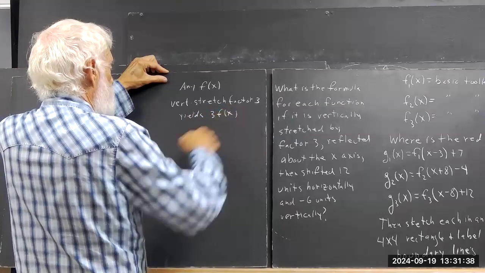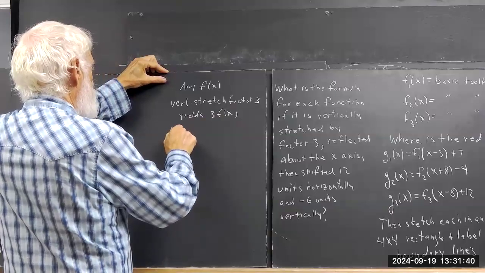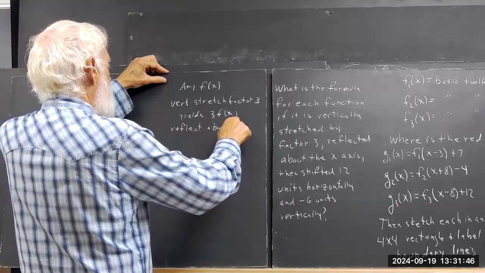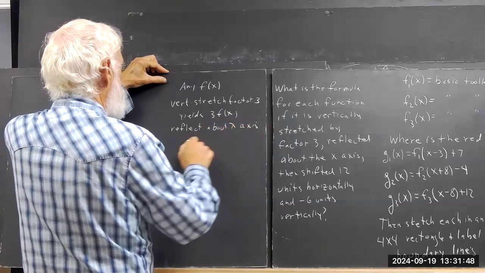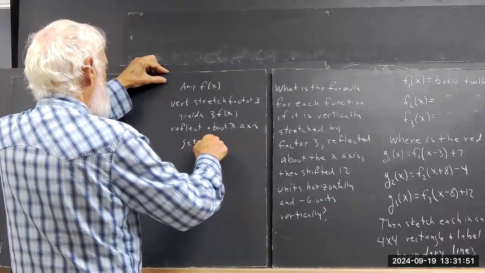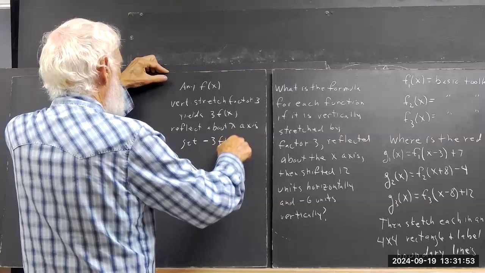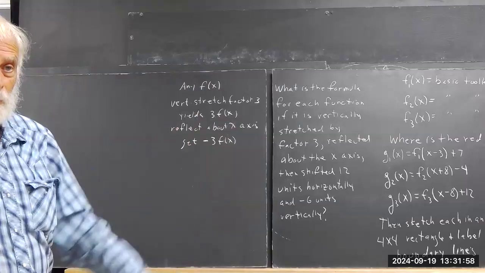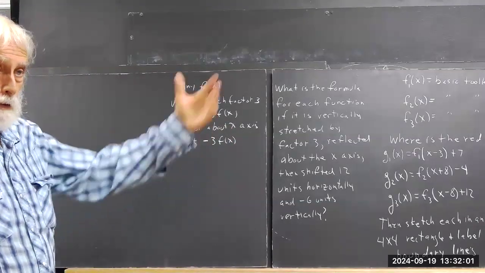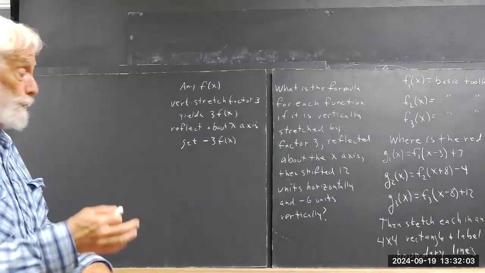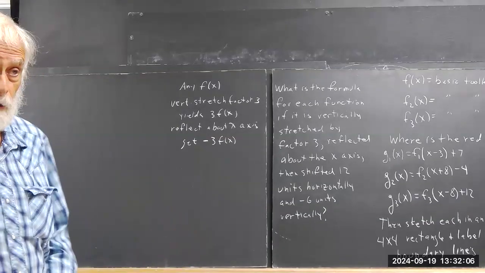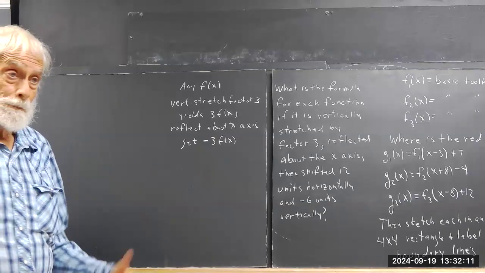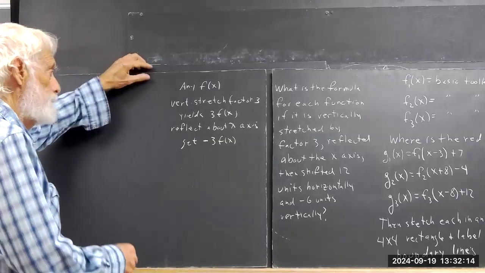Give you 3 off that. Think about the x-axis, that means whatever y is, it's going to change its sign. It's going to go negative, or if it's negative, it's going to go positive. Okay. That's what happens when you reflect about the x-axis. If you don't understand that, read the materials, look at the examples. Okay. That's what a reflection does.